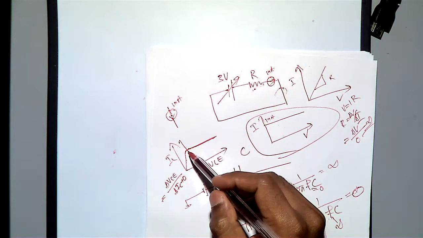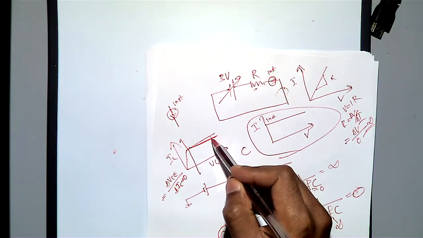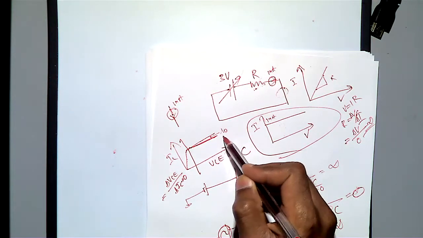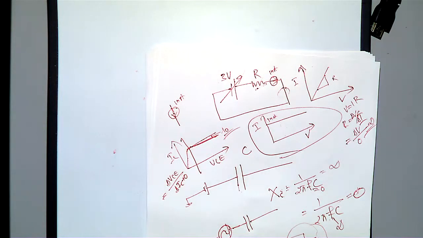But the problem is, because you have the Early effect, it has an impedance equal to RO. So RO is the impedance of the current source. So we have gm v pi, and RO is the impedance of the current source.